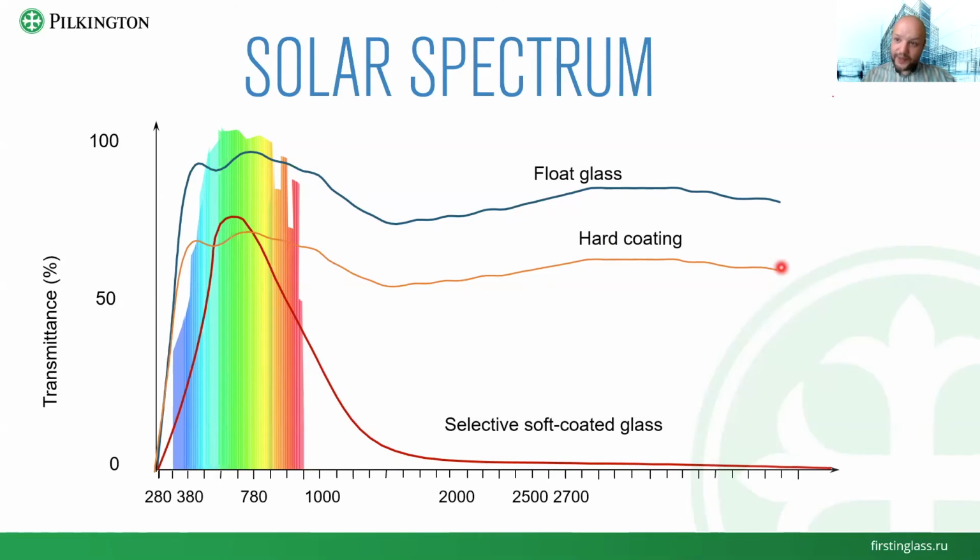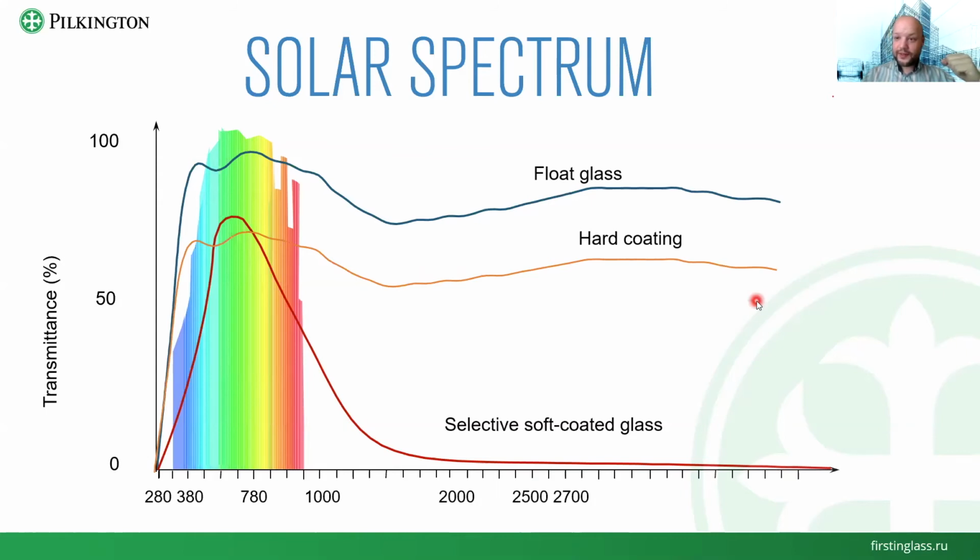Yes, but it also lowers the amount of natural daylight which is passing through. What can we achieve with the selective glass, double silver? The graph becomes like that, see the red one. So with the use of several layers of silver, we can get the effect that solar light comes through almost unabated, and solar heat is mostly stopped in its tracks.